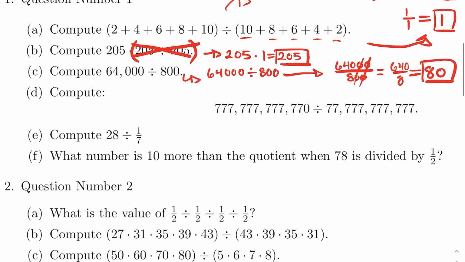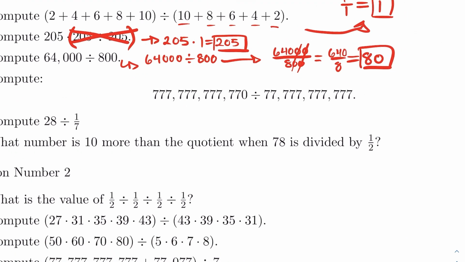Now I want to compute 777,777,777,770 divided by 77,777,777,777. So what can we do?